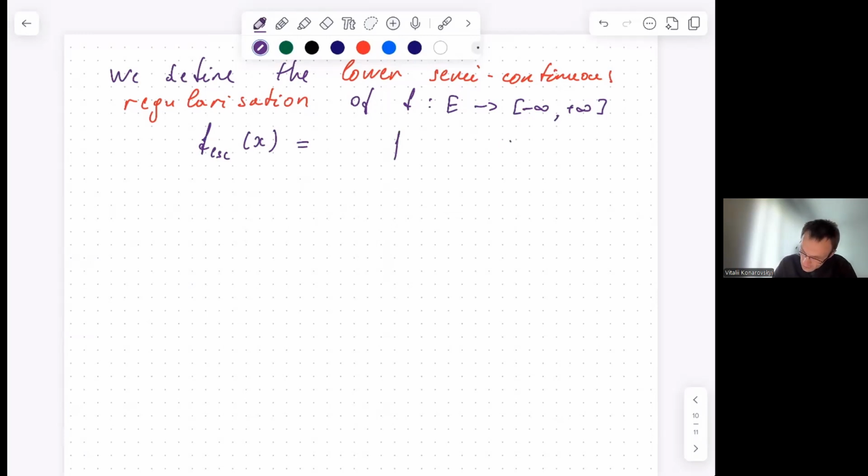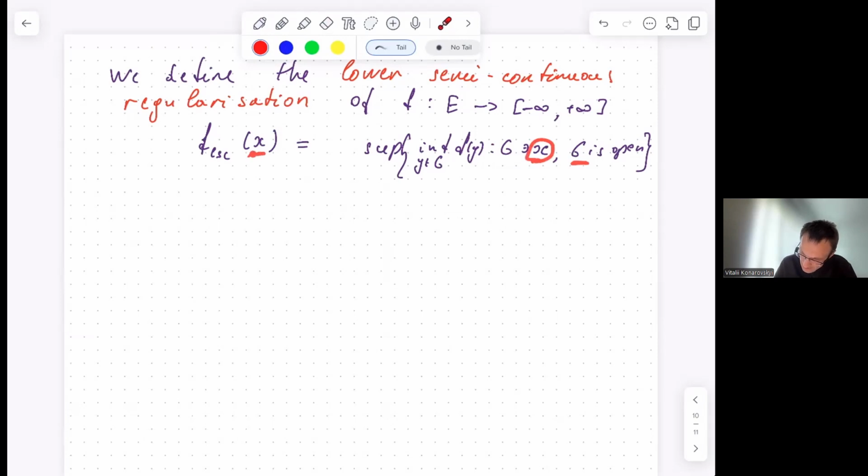Then you take an open set G which contains x, and you compute the infimum of f over that set G. And then you take the supremum over all such sets G. Once again, you take the supremum over all open sets which contain the point x of the infimum of the function f over the set G.